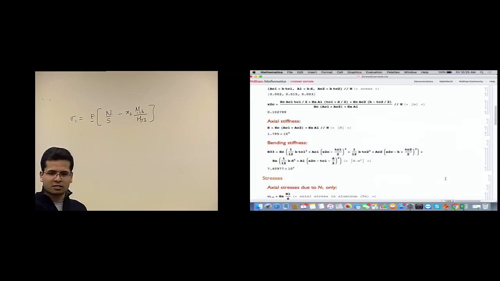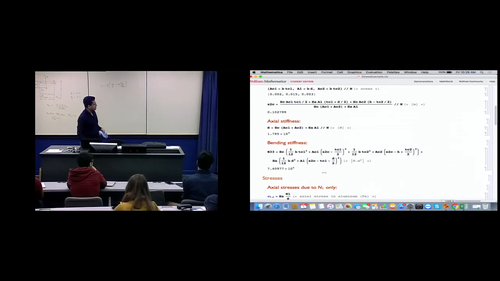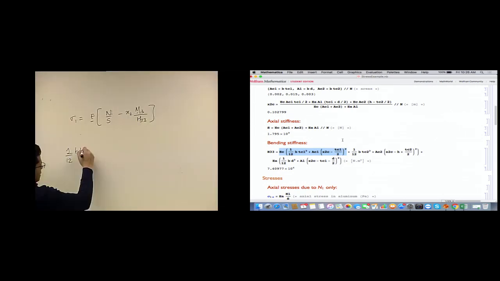In this case, because it's a rectangular area, we already know the standard bending stiffness formula for a rectangular area about its centroid, and we can use the parallel axis theorem, right? So for calculating the bending stiffnesses of the first area, which is the top layer, this is the expression where 1 over 12 B times TC1 cube is the bending stiffness about the centroid of that layer.